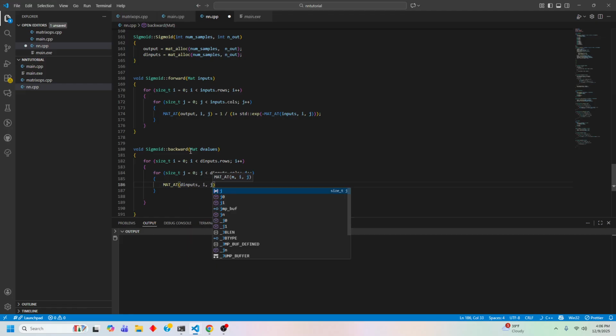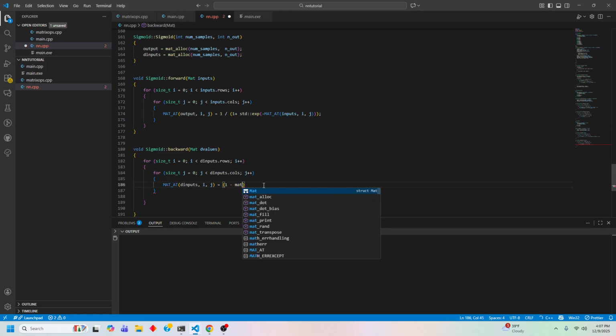So we'll set each derivative of the input equal to that equation, 1 minus, and since we already calculated up here what the sigmoid is and put it into the output, all we have to do is take that output value.